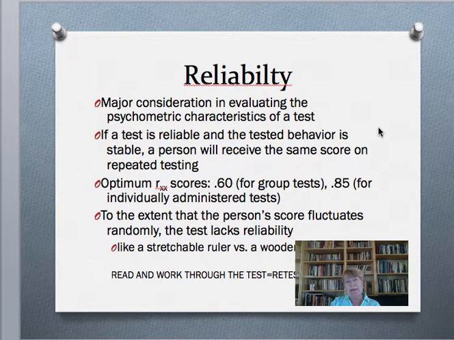And for the big test that you'll be taking a look at for your assignment, there's even more tables than that. They're likely to be pages and pages of tables, and that could be overwhelming. But what I want you to look for when you're doing the critique is to look for the overall reliability score of the test. That will be reported. And remember, you're looking for 0.85 or better.